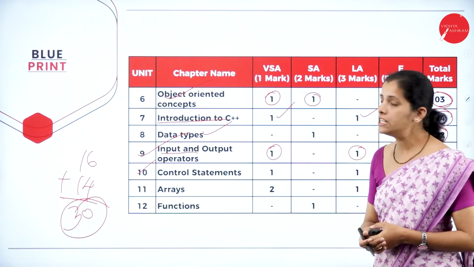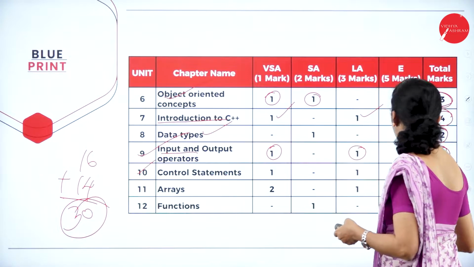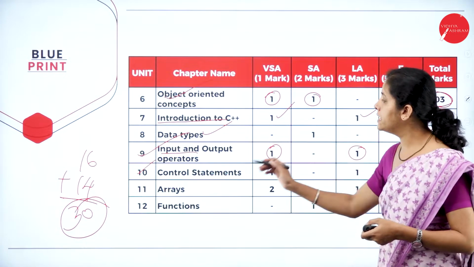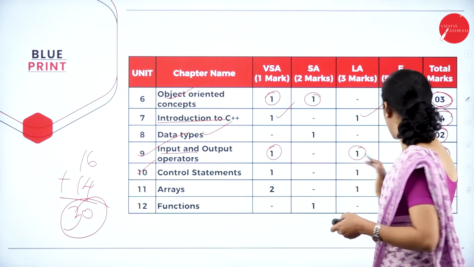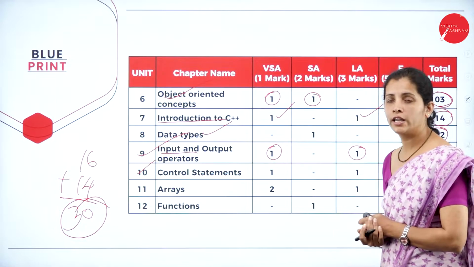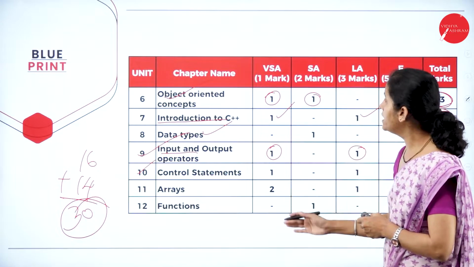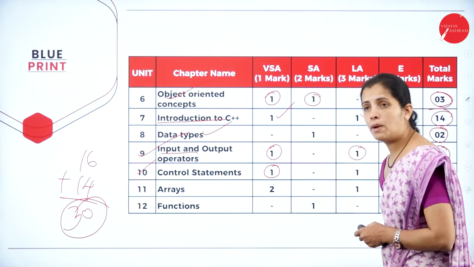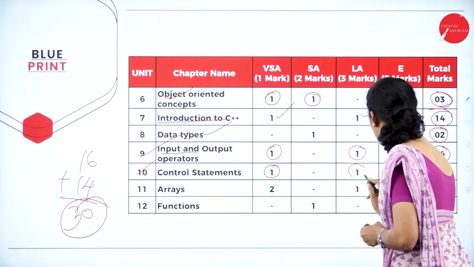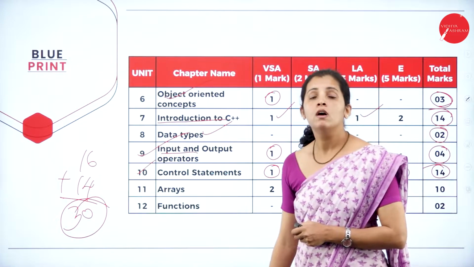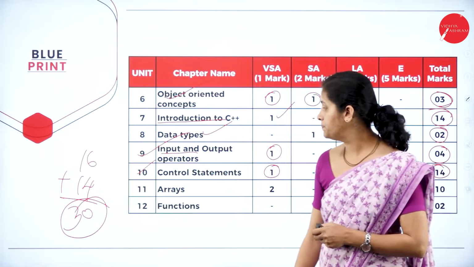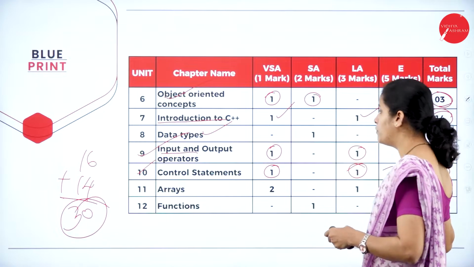Now see the weightage here, that is 14 marks. If I study the control statement chapter properly, I can score 14 marks: one 1-mark question, one 3-mark question, and two 5-mark questions. So in total it is 14.